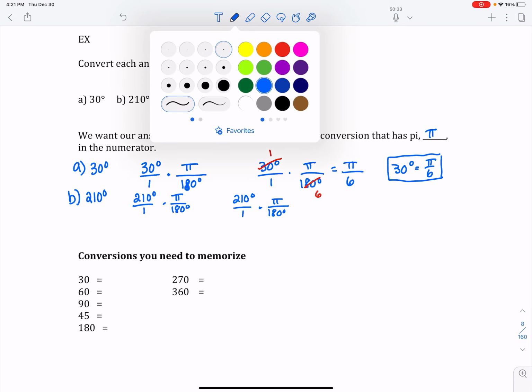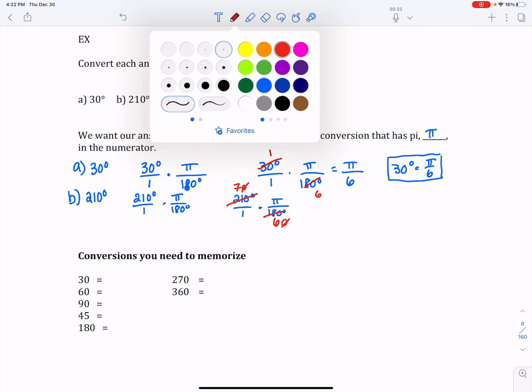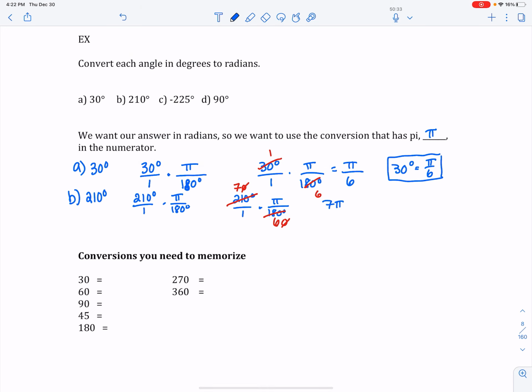So if I use 3 as a reducer, I get 70 here, and 3 goes into 180 60 times. And furthermore, I can get rid of these zeros, so I have 7 and 6. So when I multiply that together, I get 7 pi, because 7 times pi is 7 pi, over 1 times 6, which is 6. So 210 degrees equals 7 pi over 6.